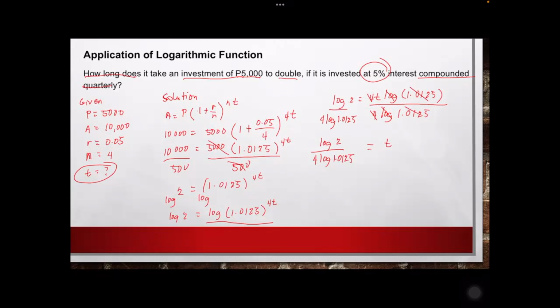So, pag kinuha natin yung calculator natin, magkakaroon tayo ng t is equal to our time.